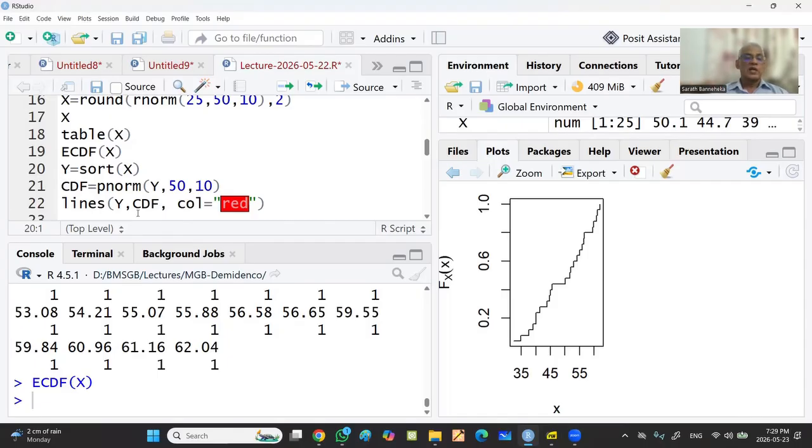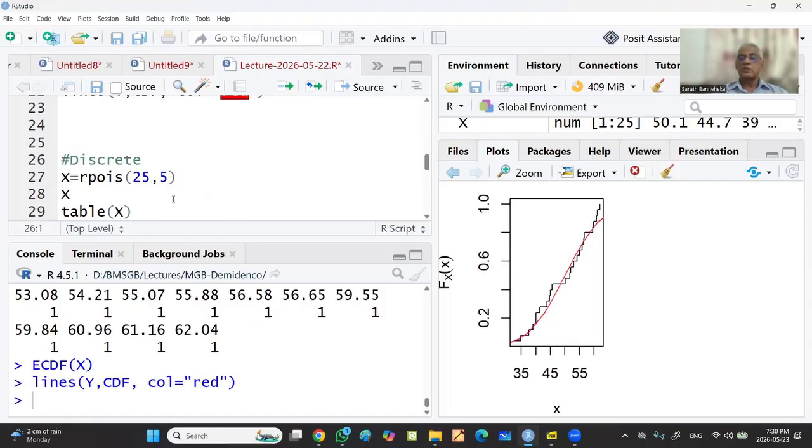I'm going to use lines. So I'm going to draw CDF versus Y and use the command lines. Lines is used to draw lines on top of a previously drawn graph. I already have this graph, so I want to draw the CDF curve on top of it. I can use this command here, and I am going to use the color red for that.